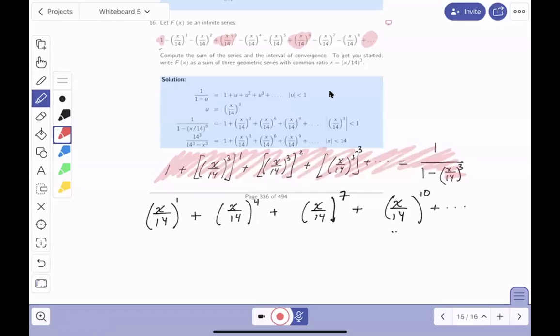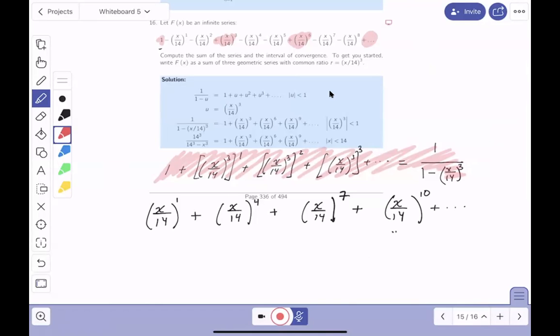Goes up by 3. 1, 4, 7 goes up by 3. Let's see. 1, 4, 7 goes up by 3. 2, 5.